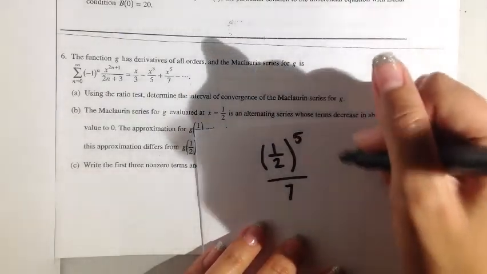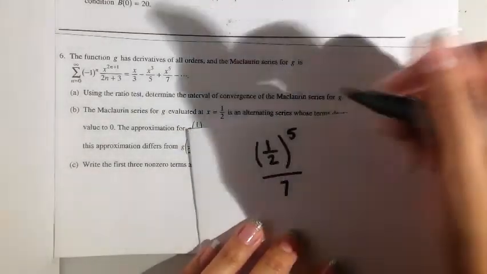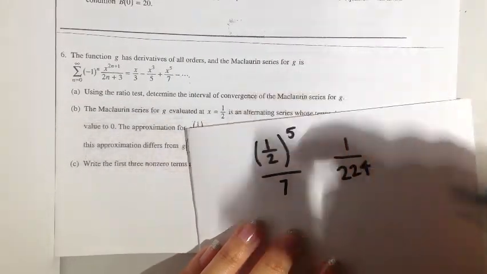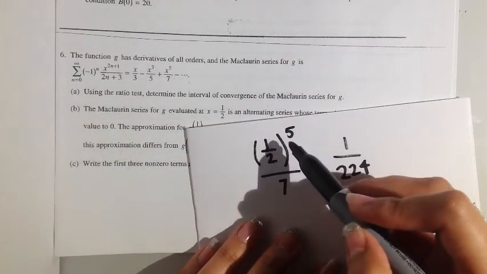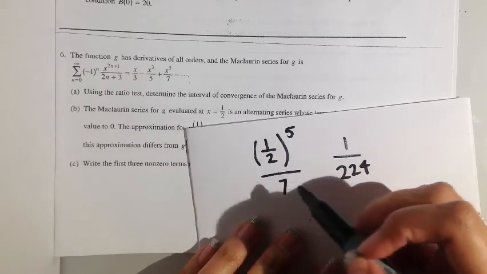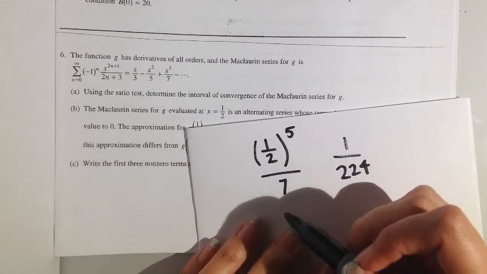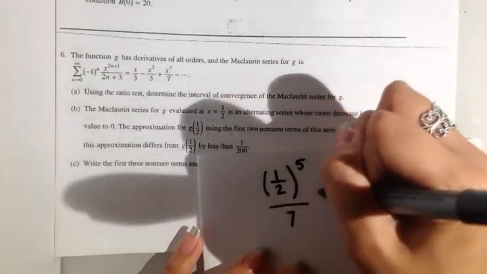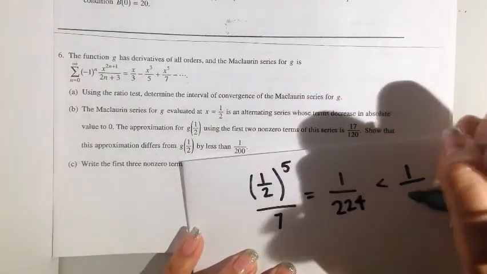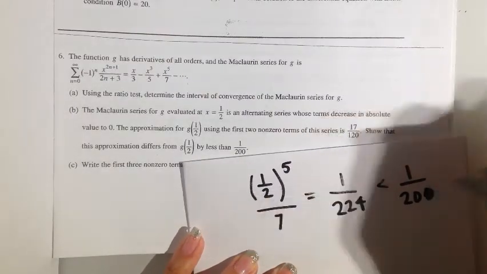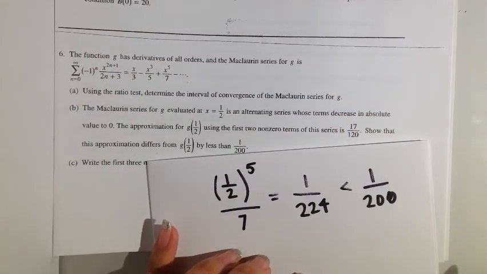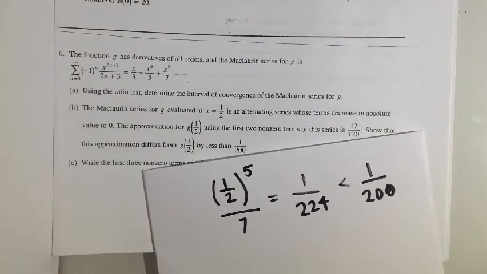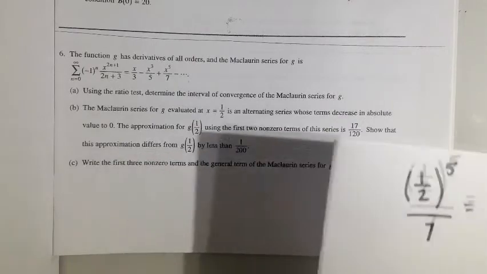So you would get, I'm just going to speed through this, 1/224. 2 to the 5th is 32. 1/32 divided by 7 is 1/224. Now that is less than 1/20. Okay, yeah. That's worth 2 points.